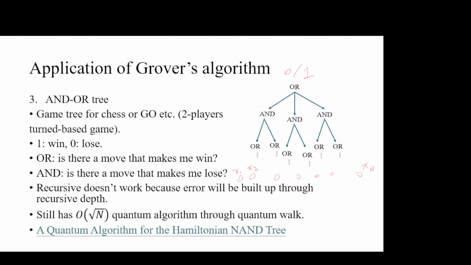And so you see that if we can calculate the result of an AND-OR tree really quickly, then we can solve actually a lot of games. All those two-player turn-based games like chess or Go can be done by searching through a huge AND-OR tree. Obviously this is not totally practical, but in theory, you can solve a game in this way.